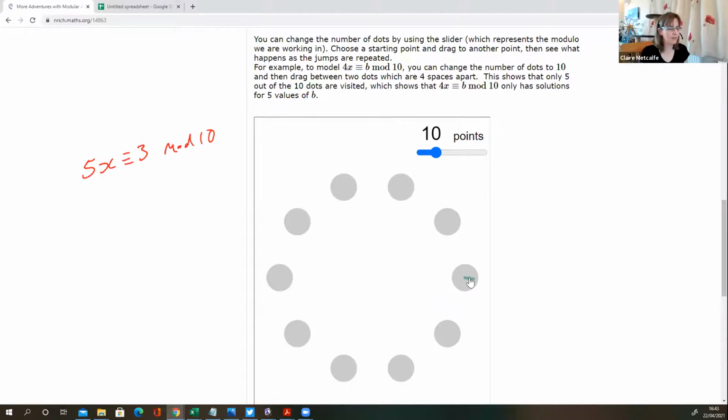So mod 10, I'm going to go 5 gaps, 1, 2, 3, 4, 5, and then you'll find it just sort of pings back and forth. And that's like your numbers are either 5 or 0.